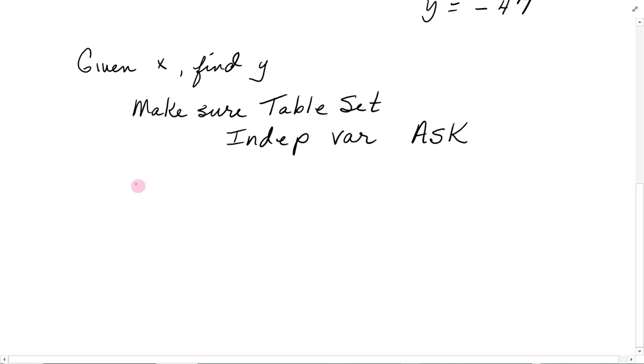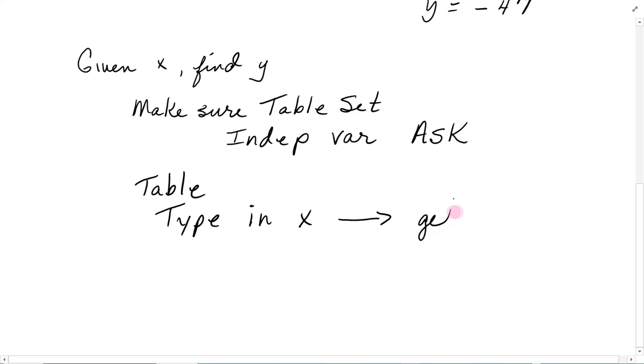Then make sure that you, of course, have your y equals in there. For all of these, you have to have some function in the y equals for it to be looking at. And then you will go to table. You will type in x. You will get y.